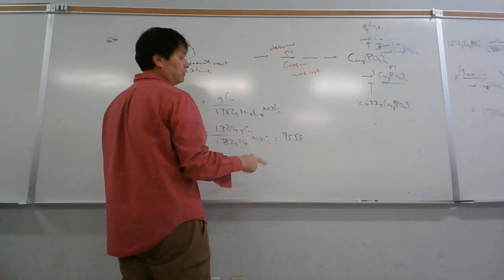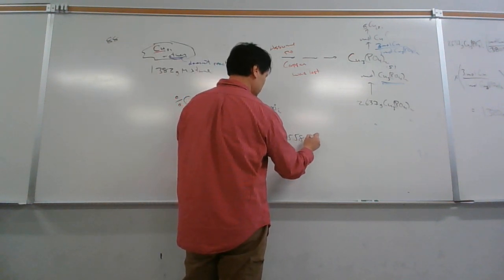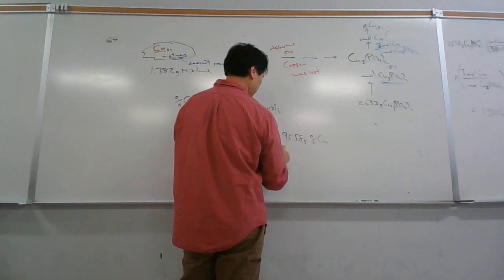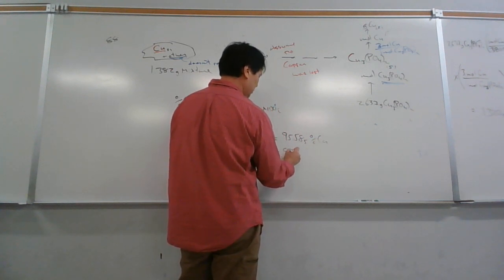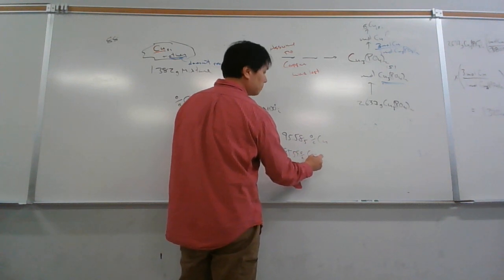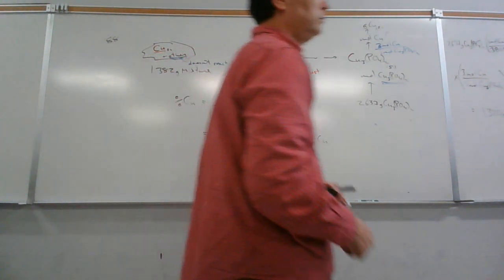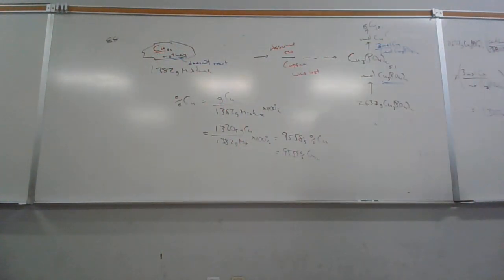It's like 4 sig figs throughout. 95.585% copper, so 95.59% copper in that mixture. And so this was impure copper. It just turned out to be about 95, 96% copper.